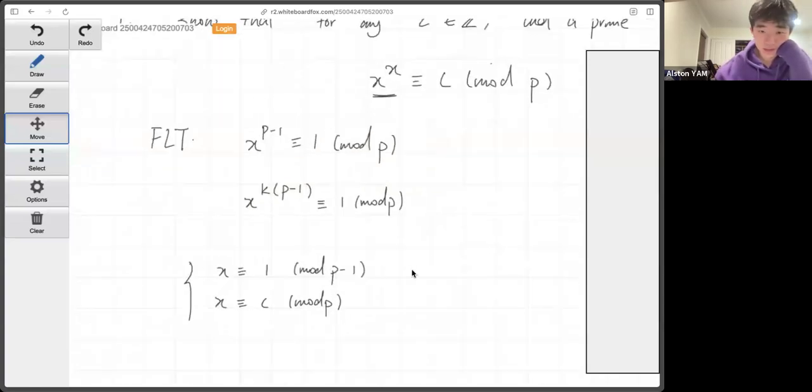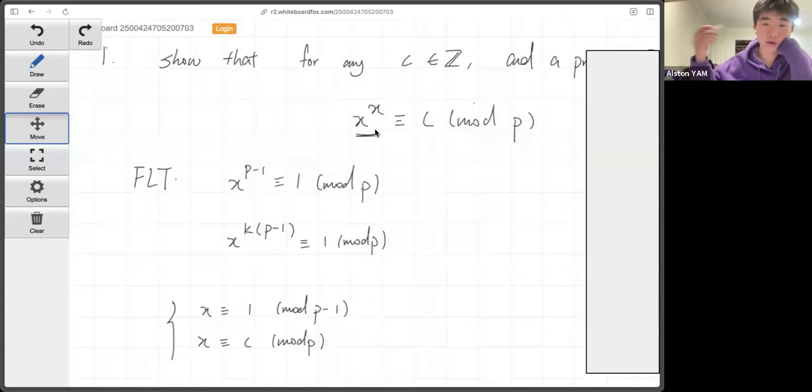That is because the power of x up here will cycle once every p minus 1 times. So if we cycle through this x p minus 1 times, and we are left with one more x, then we can just have x here by itself.